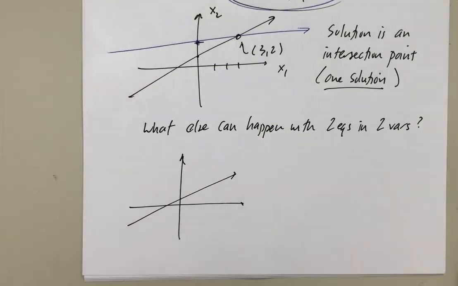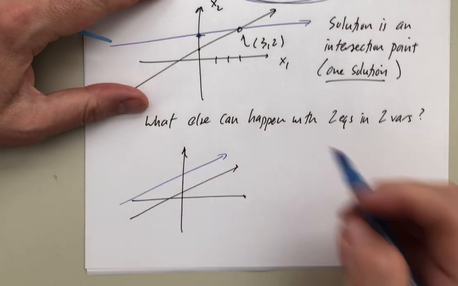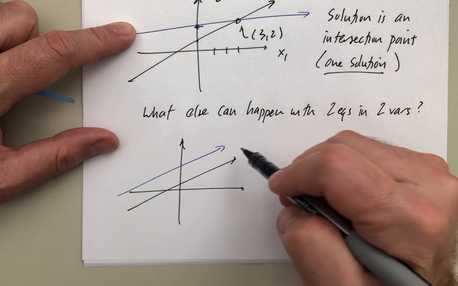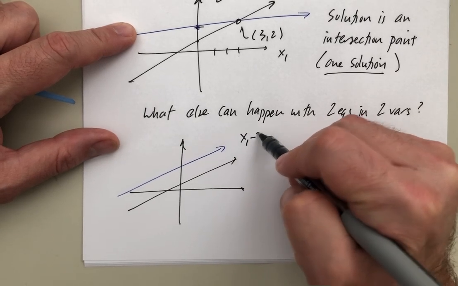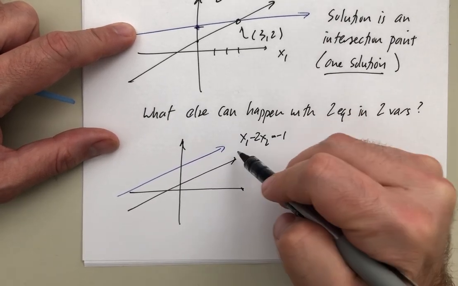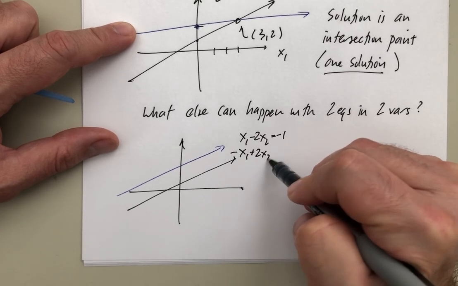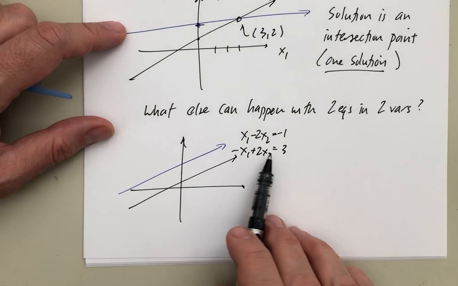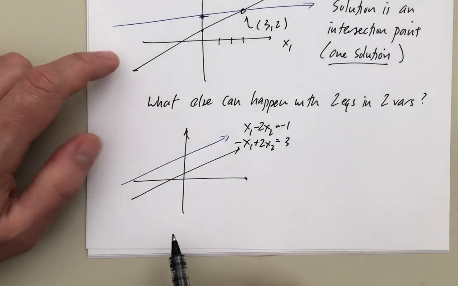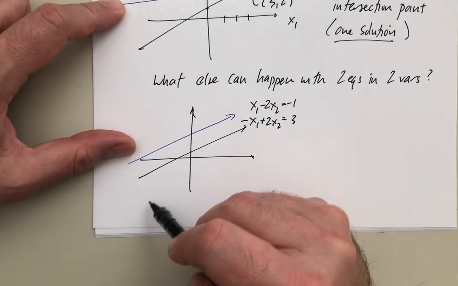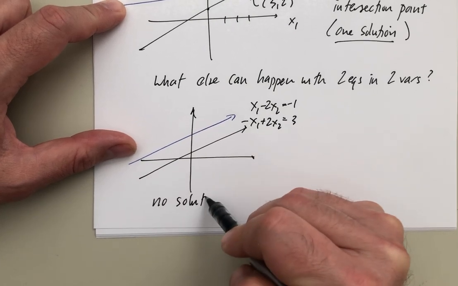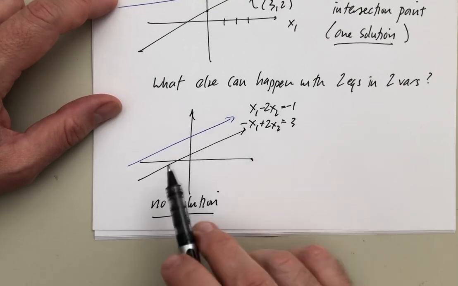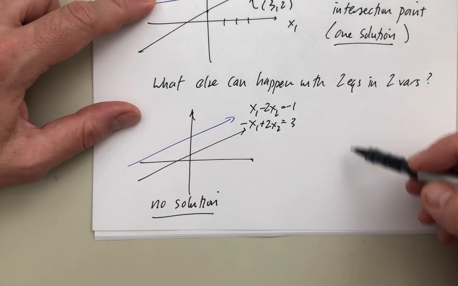So if you took, say, x1 minus 2x2 equals minus 1, and minus x1 plus 2x2 equals, say, 3, those two equations describe parallel lines. And so what's happening here is you have no solution. For this system of linear equations, you get no solution because these two parallel lines don't intersect.